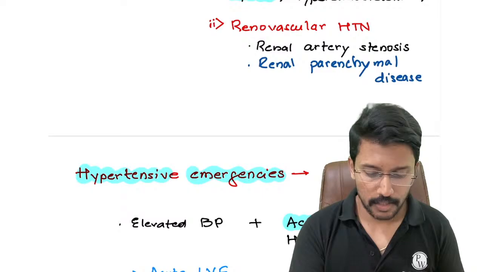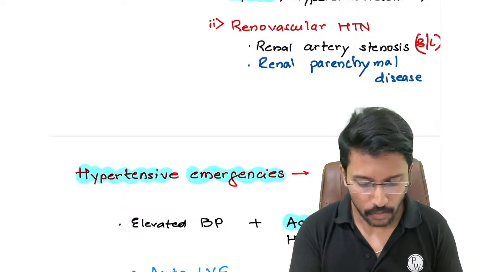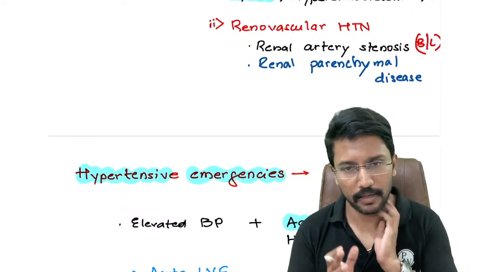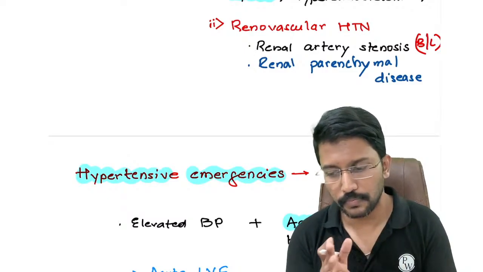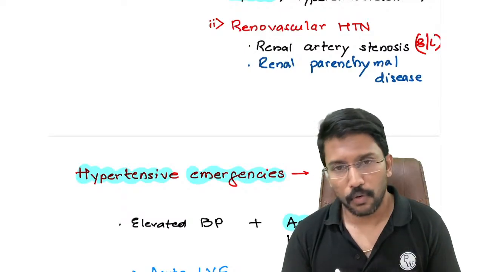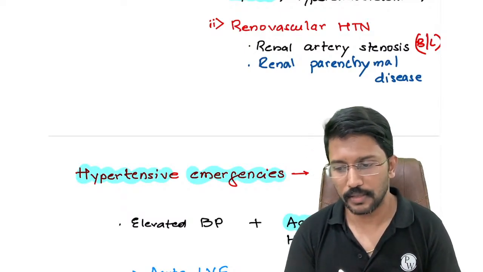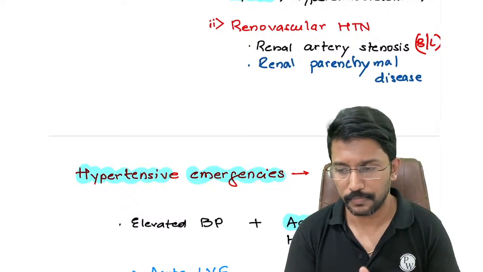Especially bilateral renal artery stenosis. Unilateral can cause it, but is relatively less likely, while bilateral is very difficult to control BP. Okay. Now, what is the investigation of choice for renal artery stenosis?